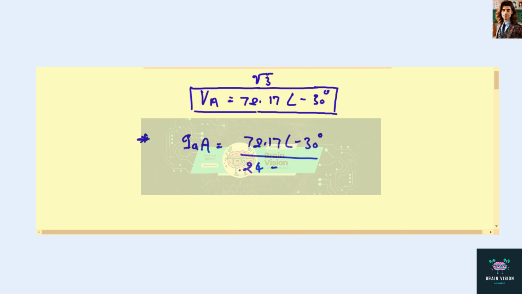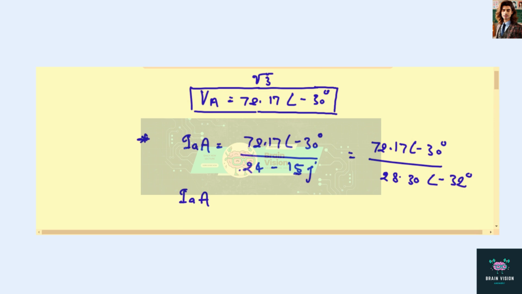If we convert this impedance into polar form, it becomes 28.30 angle minus 32 degrees. If I divide, I get I_aA as 2.55 angle 62 degrees. So this is one of the line currents.